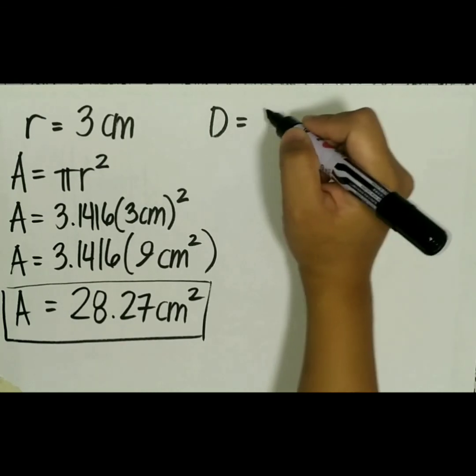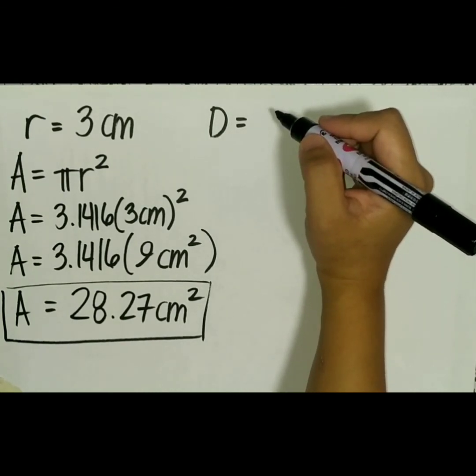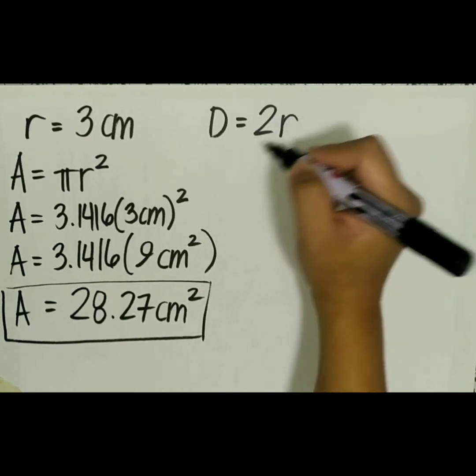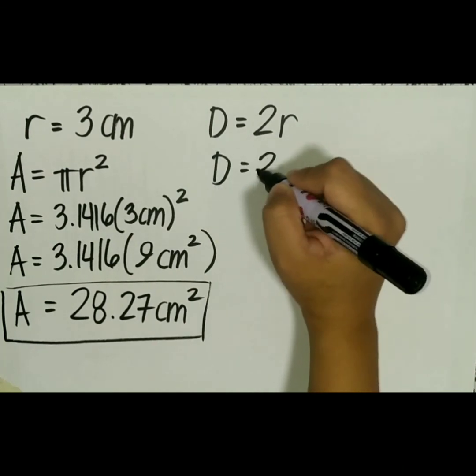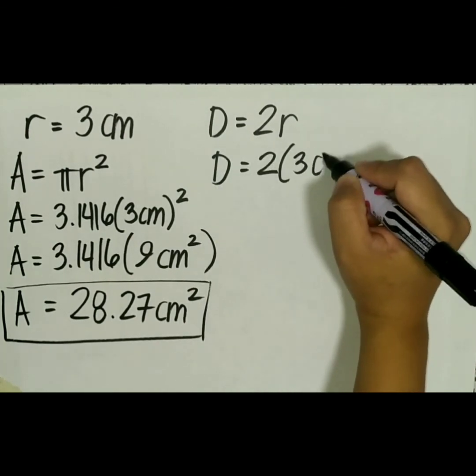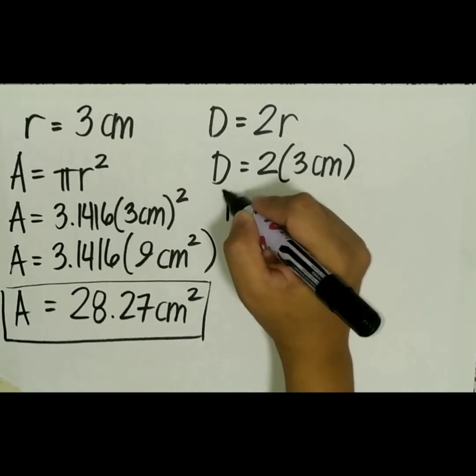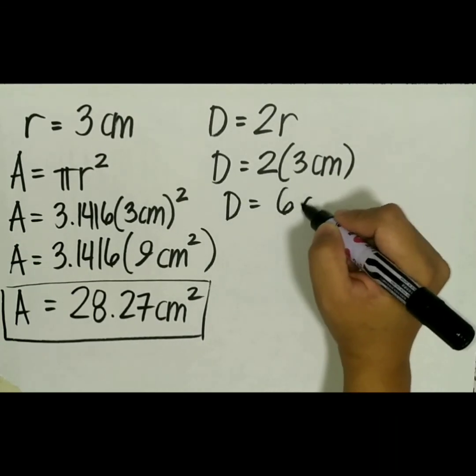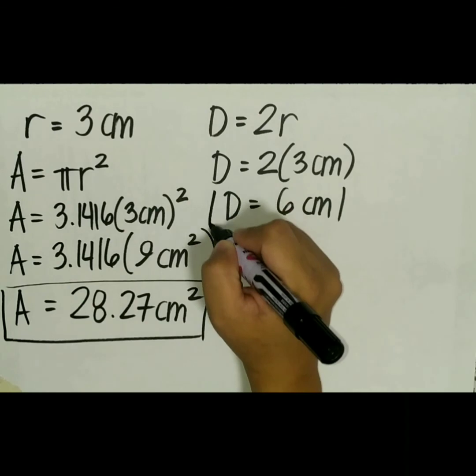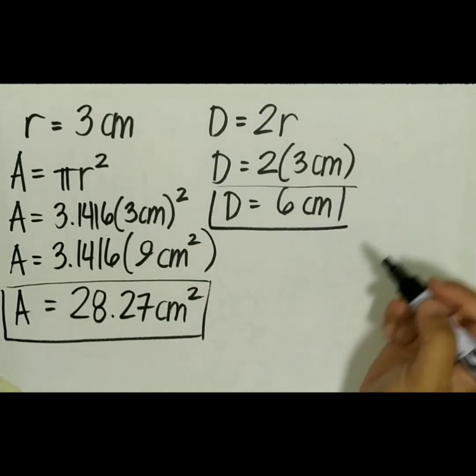Next, let us solve the value of the diameter, which is 2r. So obviously, our diameter will be 6 centimeters. Diameter is twice the length of the radius.